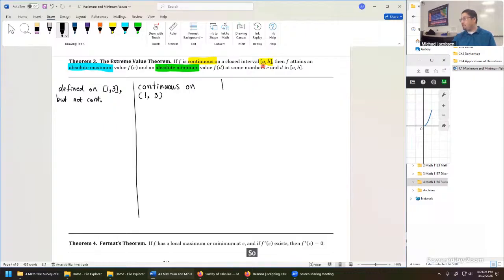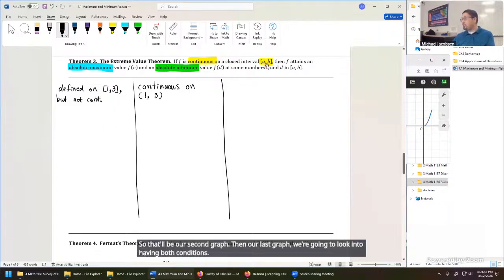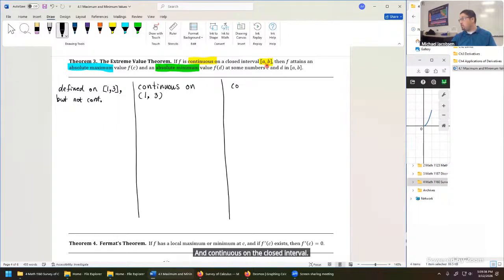So that'll be our second graph. Then our last graph, we're going to look into having both conditions. It's both continuous and on the closed interval, so continuous on [1, 3].